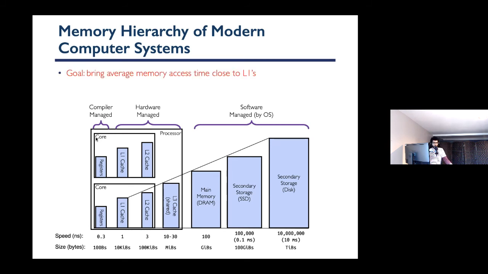So what we want basically is to make our memory accesses as fast as L1 accesses. So we want to bring the access time as low as we could to anything close to L1 access time. So that's the goal. We obviously cannot exactly do that, but we can get very close.